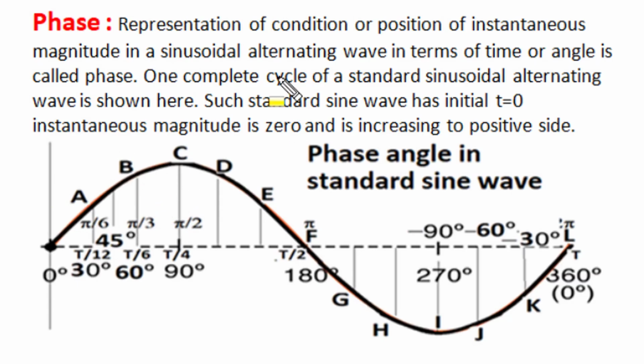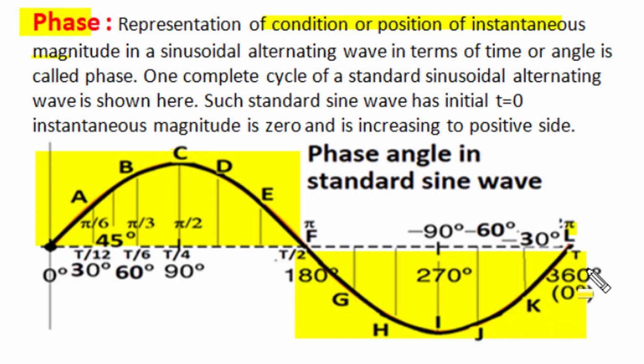So we can represent the condition or position of instantaneous magnitude in this sinusoidal alternating wave in terms of time or angle, and this representation of instantaneous magnitude for this standard sine wave is called phase. This standard sine wave starts with 0 instantaneous magnitude and increases in positive direction, then decreases, completes the positive half cycle, and then makes a symmetrical negative half cycle and completes its cycle.